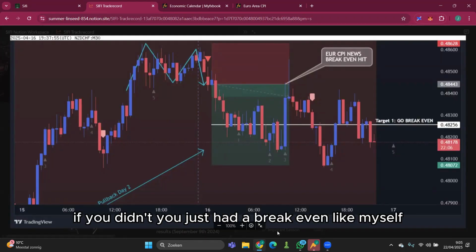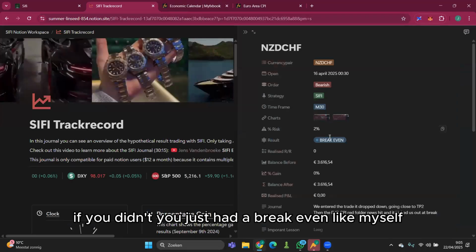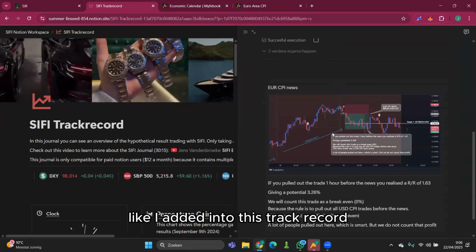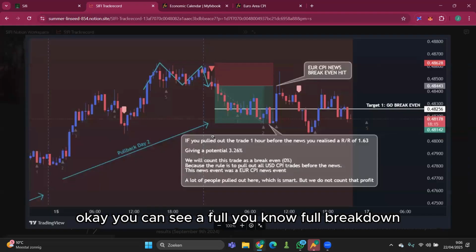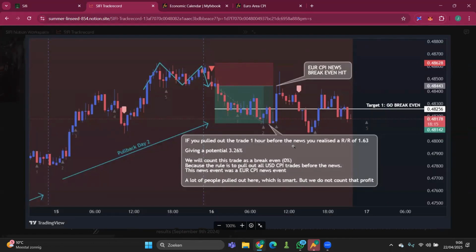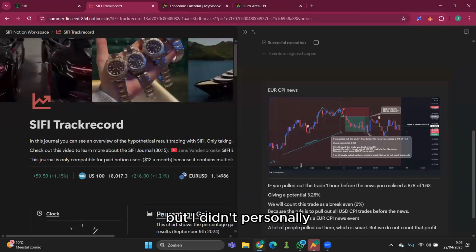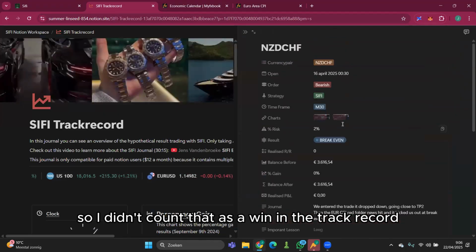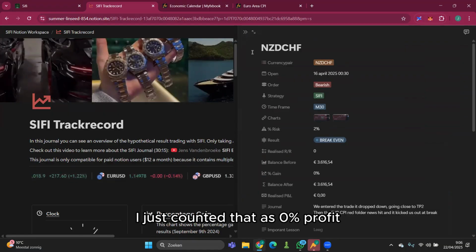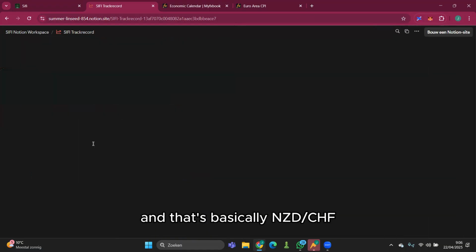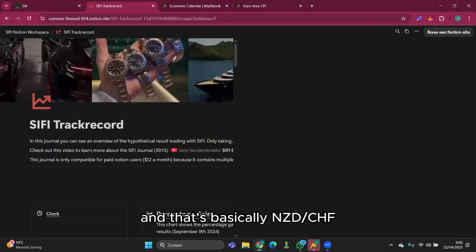If you didn't, you just had a break even, like myself, like I added into this track record. You can see a full breakdown. If you pulled out before the news, this was a 3.2%, but I didn't personally, so I didn't count that as a win in the track record. I just counted that as 0% profit. And that's basically NZD CHF.